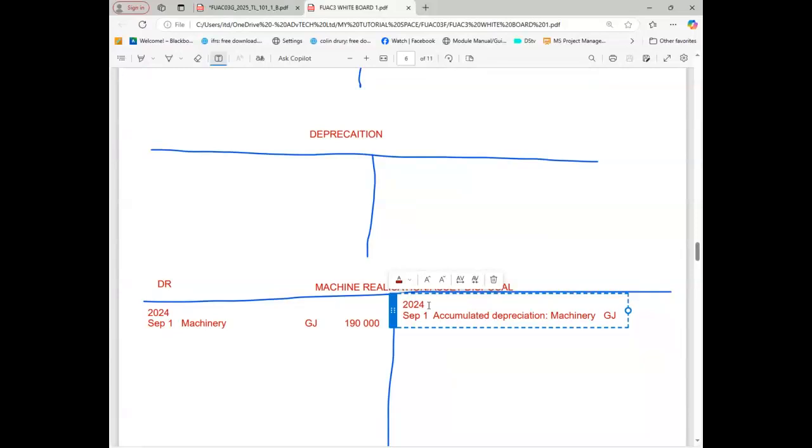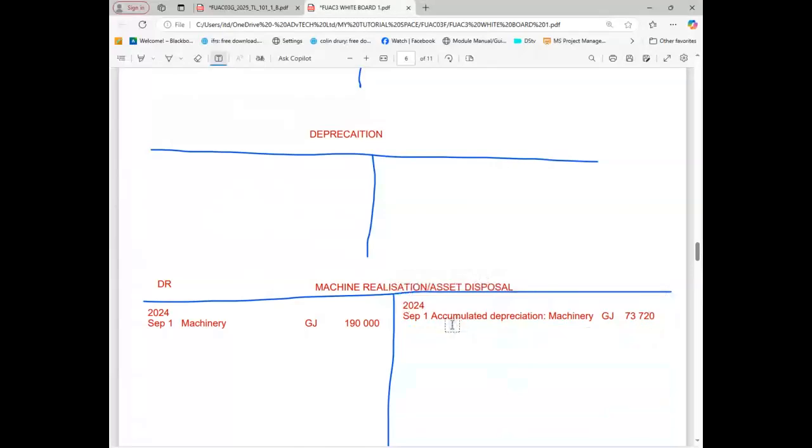Okay, and then we use GJ, and we put that 73,720. No problem. Can you see now?